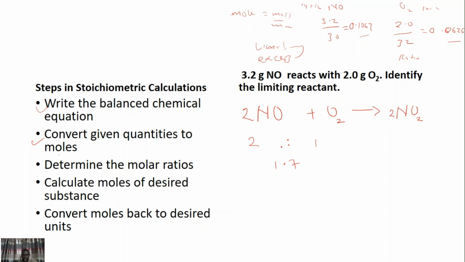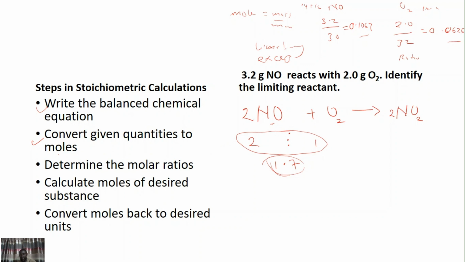And what this means is there is more than enough oxygen for the necessary nitrogen oxide, okay? So that is why you got a lower ratio when compared to this, okay?